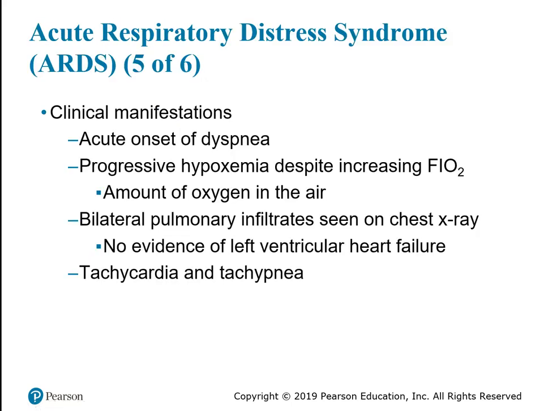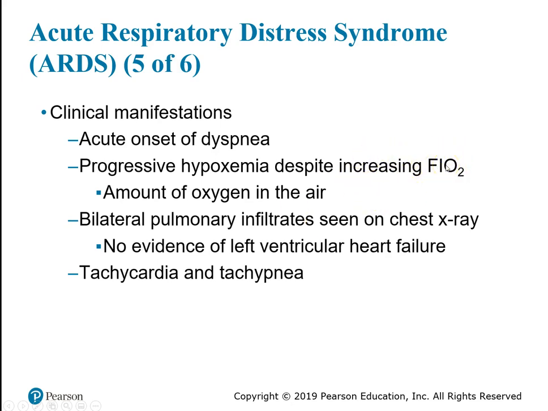Okay, it says progressive hypoxemia despite increasing FiO2. I just want to make sure you know what they meant by this. Basically, it is an increase in the amount of oxygen in the air. If somebody needs oxygen, you give them oxygen, that's what this is telling you.